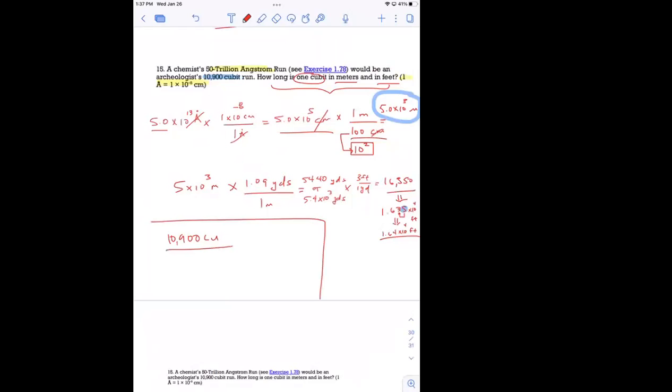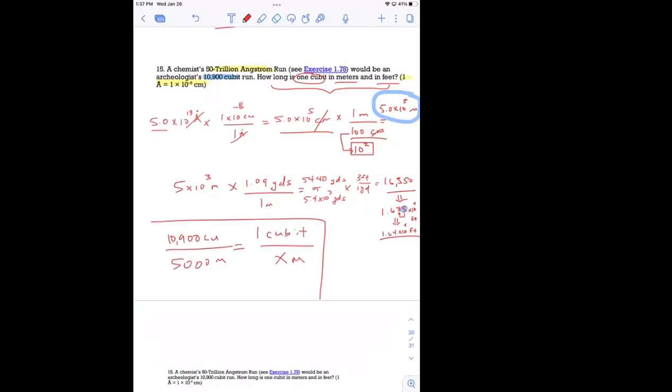So 10,900 cubits over 5,000 meters equals, no, let me see. We know we want 1 cubit. Is that right? Would that be the right proportion?